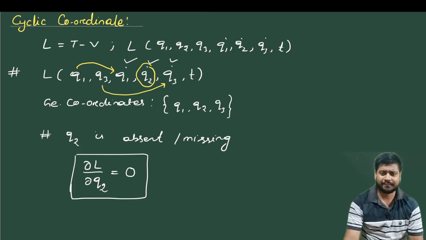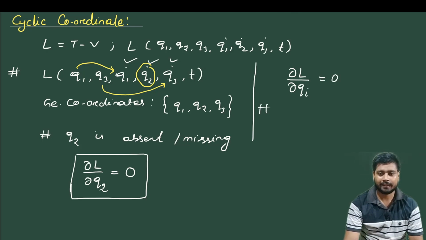In general, we can write that the partial derivative of L with respect to qi is equal to 0. Here qi is the cyclic coordinate.